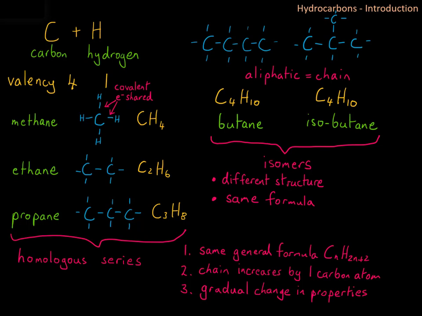There is another possibility of isomers. If we take a compound like benzene, which is C6H6, and this actually makes what we call a ring of carbon, 6 carbon atoms. And 6 hydrogen atoms.